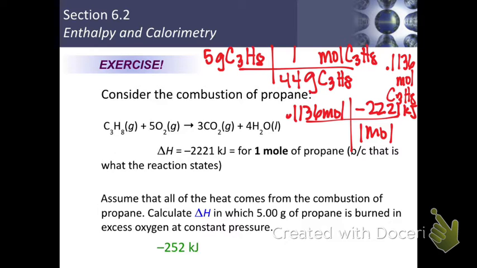You're multiplying, not dividing. Which means I came out at negative 252 kilojoules of heat that was lost or escaped, rather than produced. And because it's negative, that means the heat is flowing out of the system.